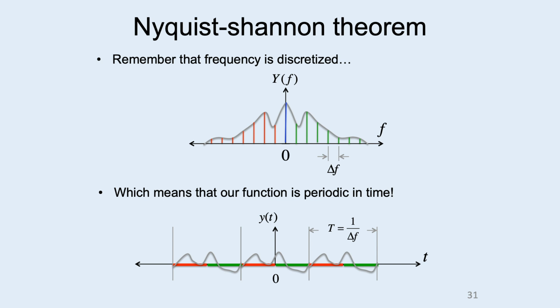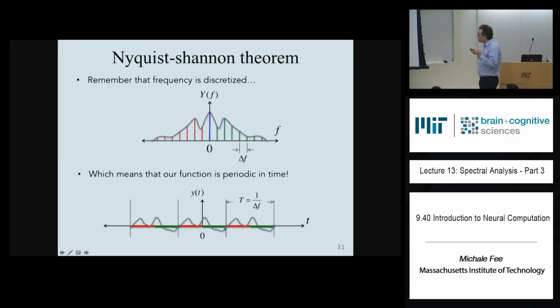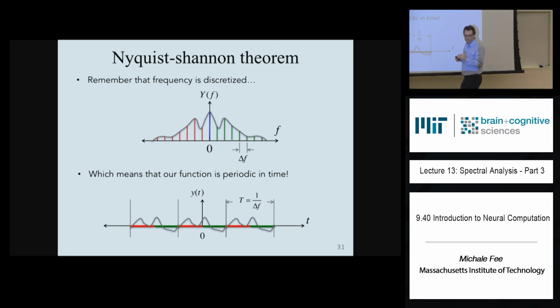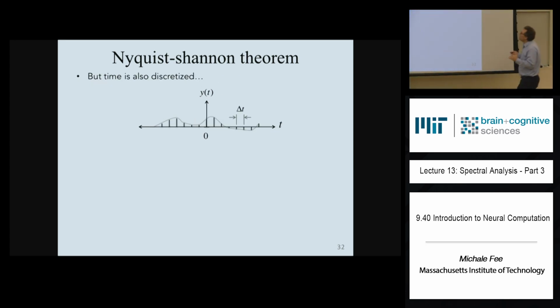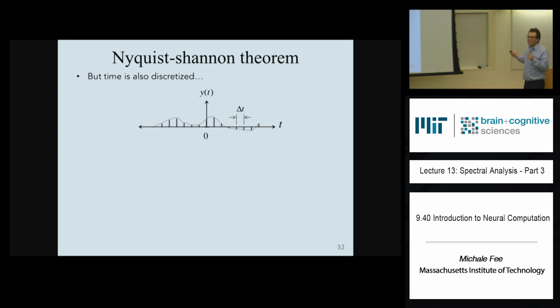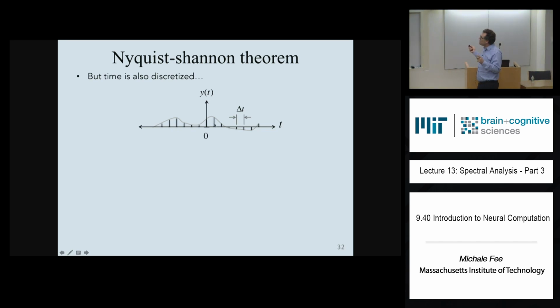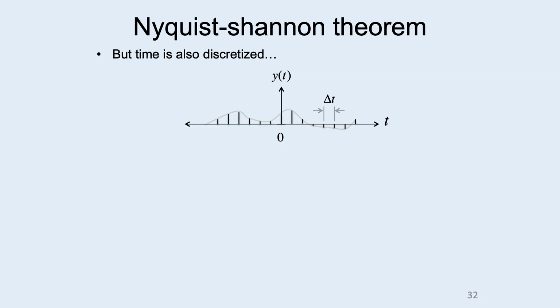So when we pass a signal that we've sampled of some duration, and the fast Fourier transform algorithm passes back a spectrum that's discretized in frequency, what that means is that you can think about that signal as being periodic in time. Okay? Now, when you discretize the signal in time, you've taken samples of that signal separated by delta t. What does that tell you about the spectrum?